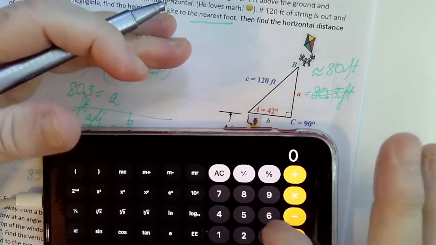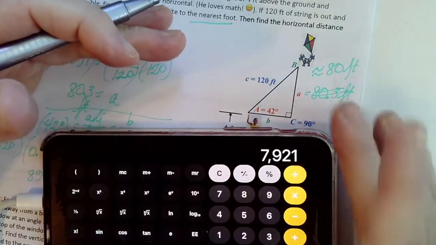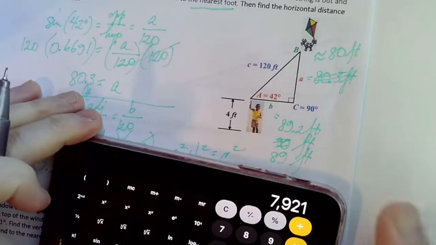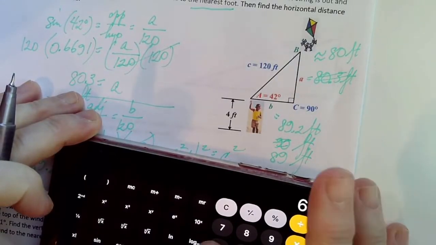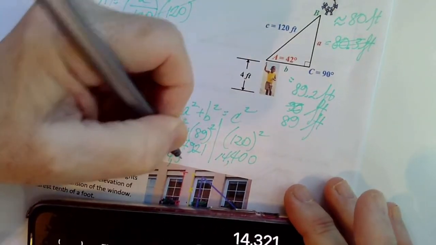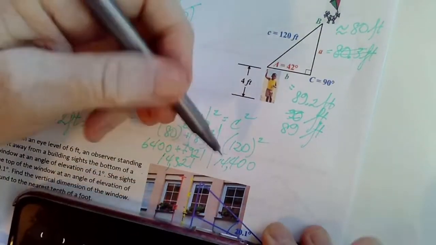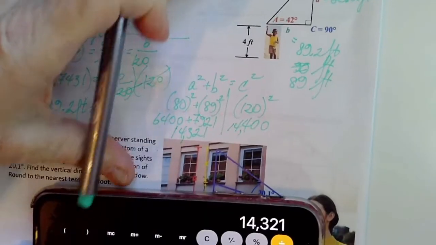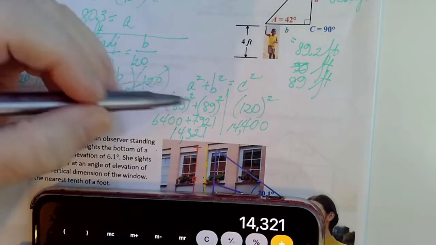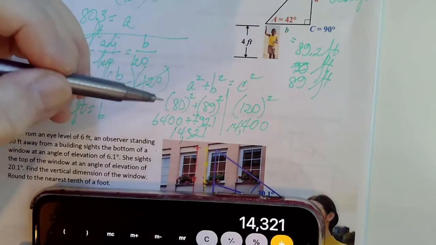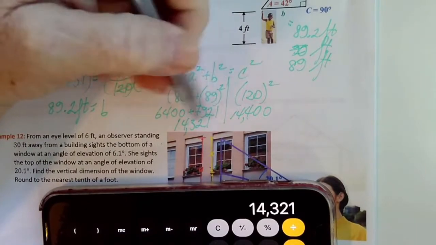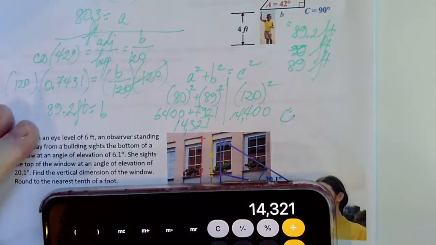I do not know 89 by heart. 7921. So it's a plus 6400. We get 14321, and this is close enough. The reason that our values are not more exact is that we rounded to the nearest foot, which is reasonable in this kind of problem. But we know that our answers are in the correct ballpark.